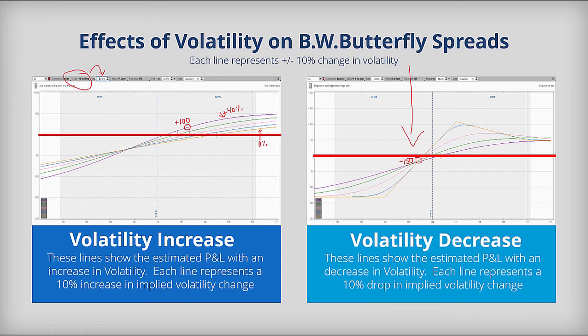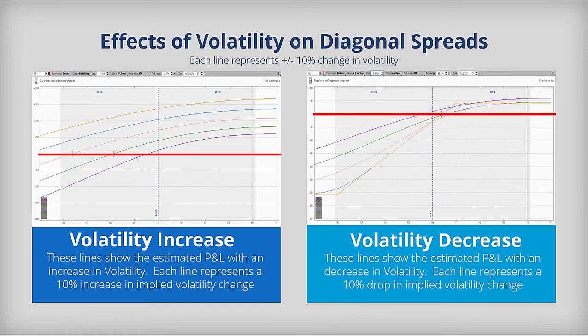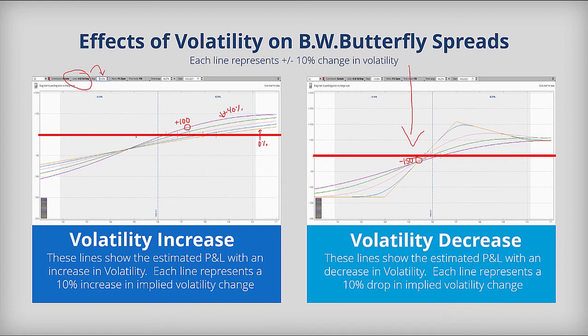Let's take a look at the effect of volatility on the diagonal spread. And now we're talking about significant movements. So an increase in volatility, a 40% increase in volatility at 106, that's going to profit $1,300. Now that's a big jump in volatility, but you can see it's a much bigger influence than what we saw from the butterfly.